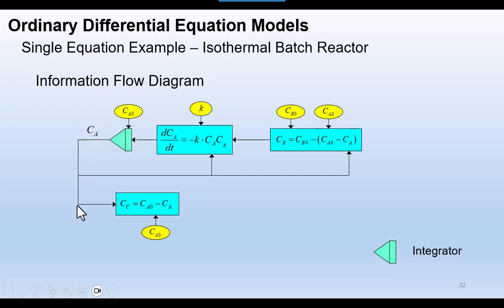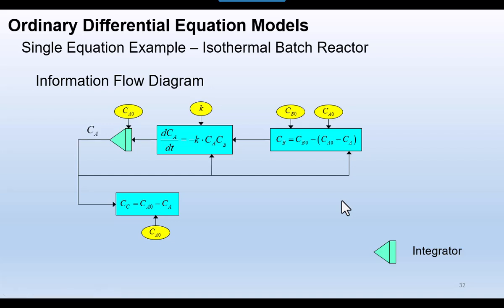From that, using stoichiometry, we can get our concentration of C and B if we have our initial values, and then that feeds back, for A and B, into our derivative for the concentration of A, and everything hangs together in the information flow diagram.